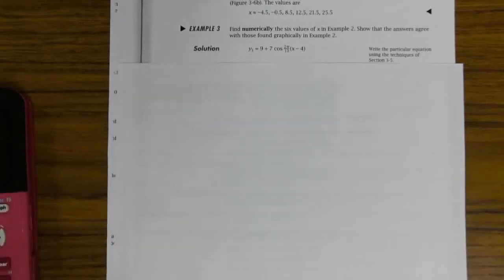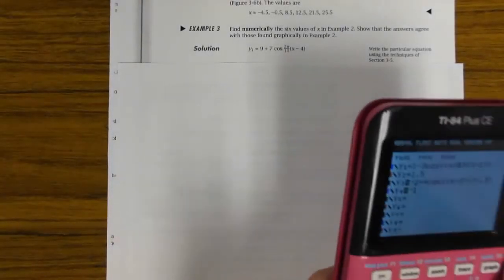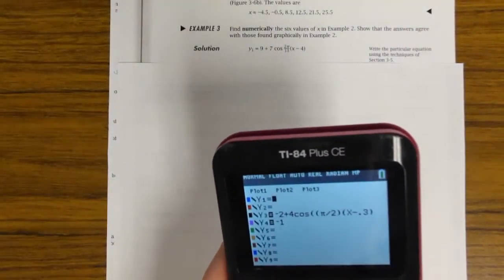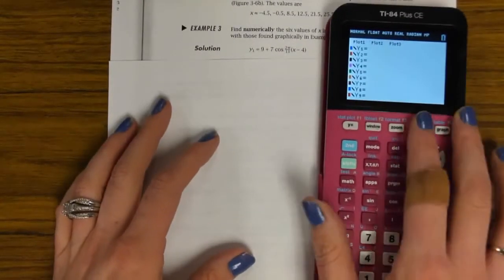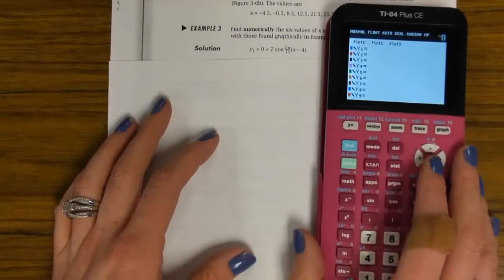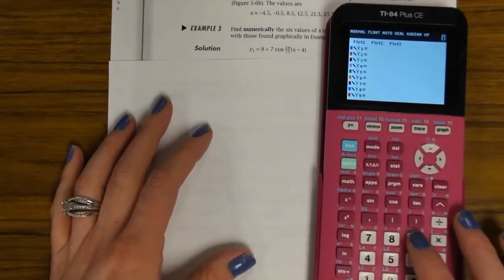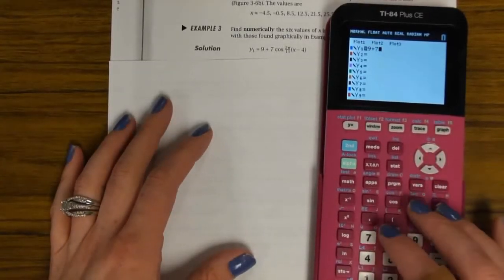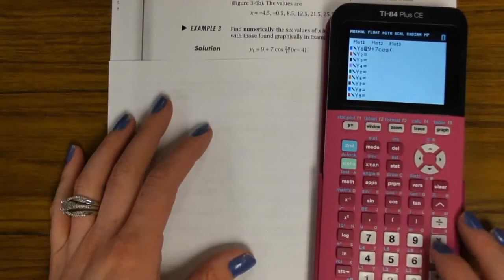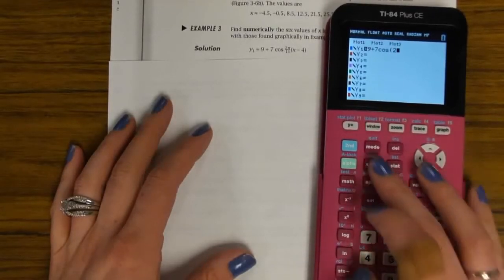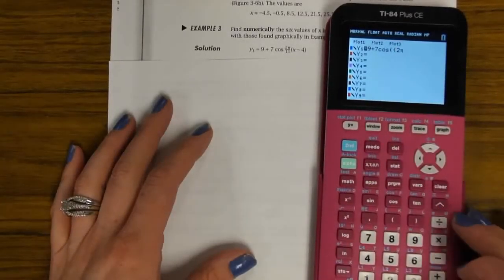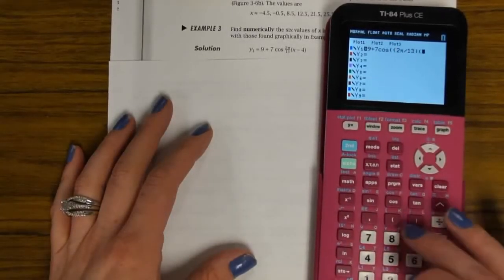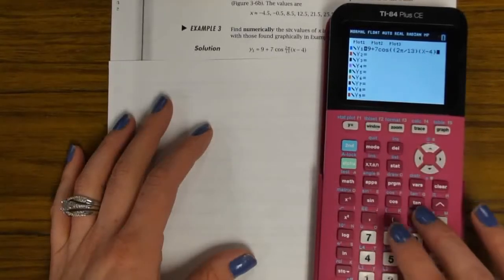Now when you're numerically doing this, really the calculator is doing the work for you. You are going to go into your graphing calculator, and you are going to put your particular equation that you just found. So 9 plus 7 times the cosine of 2, remember put these in parentheses, 2 pi over 13 times x minus 4.